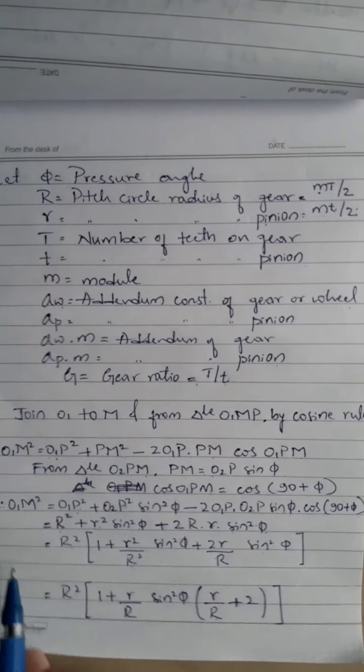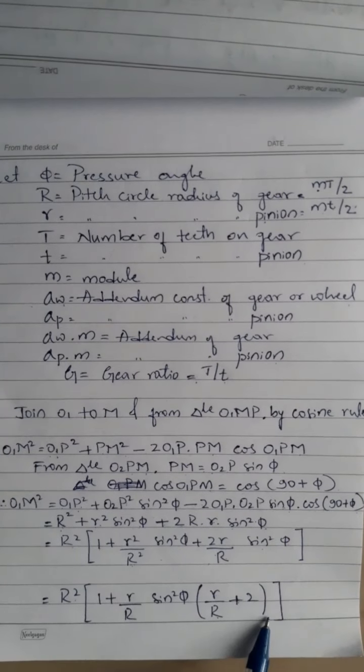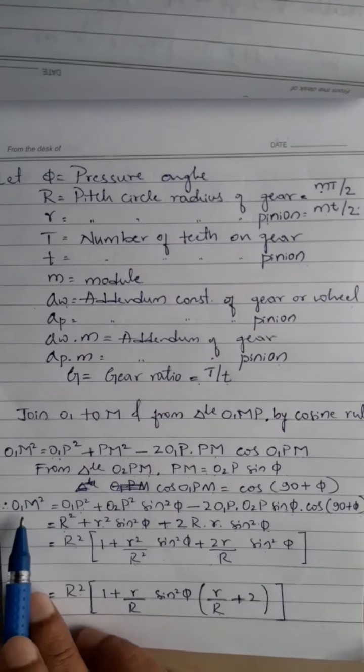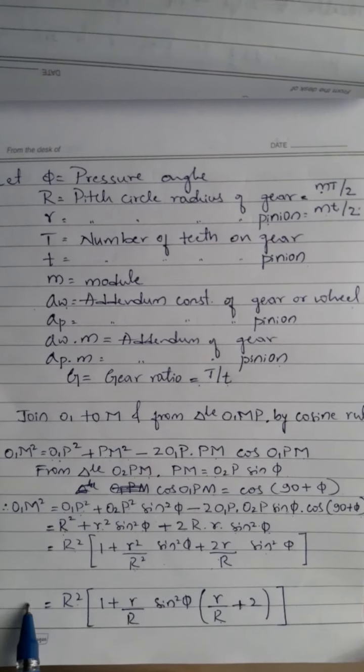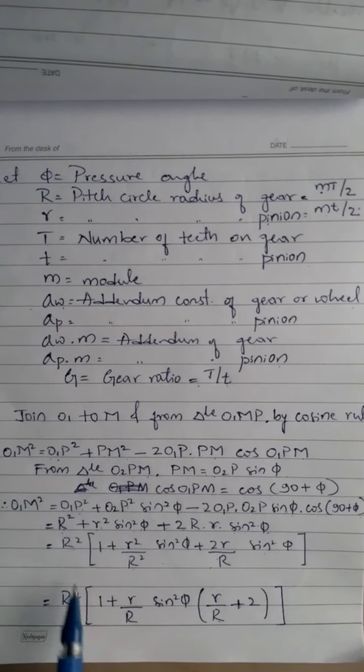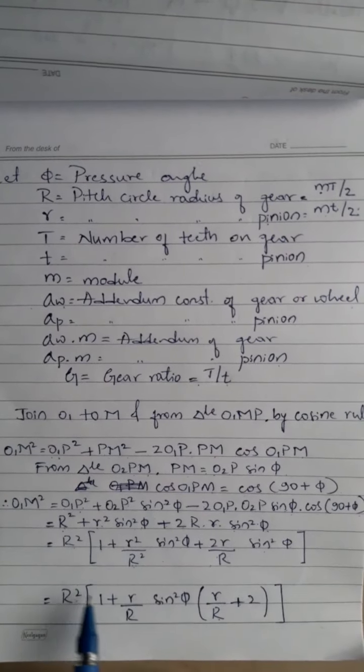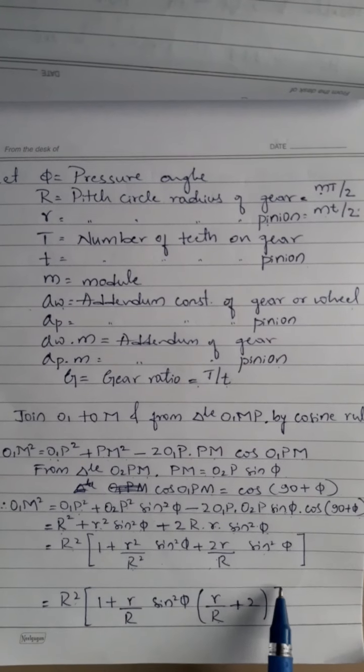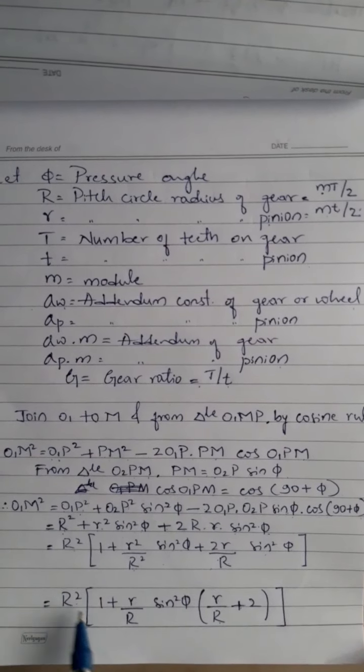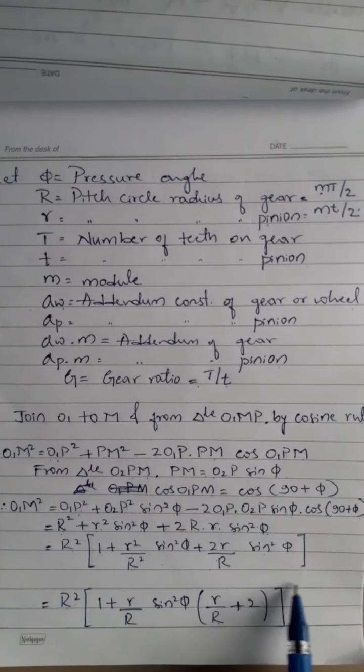So O1M square is equal to this. If I write this equation for O1M, then this square and this square will get cancelled and the term in the bracket can be written under the root or raised to 1 by 2.